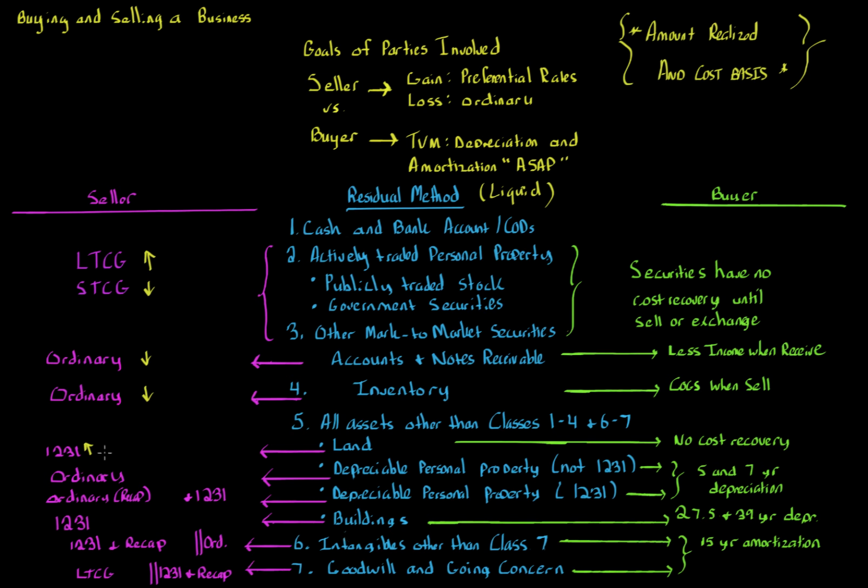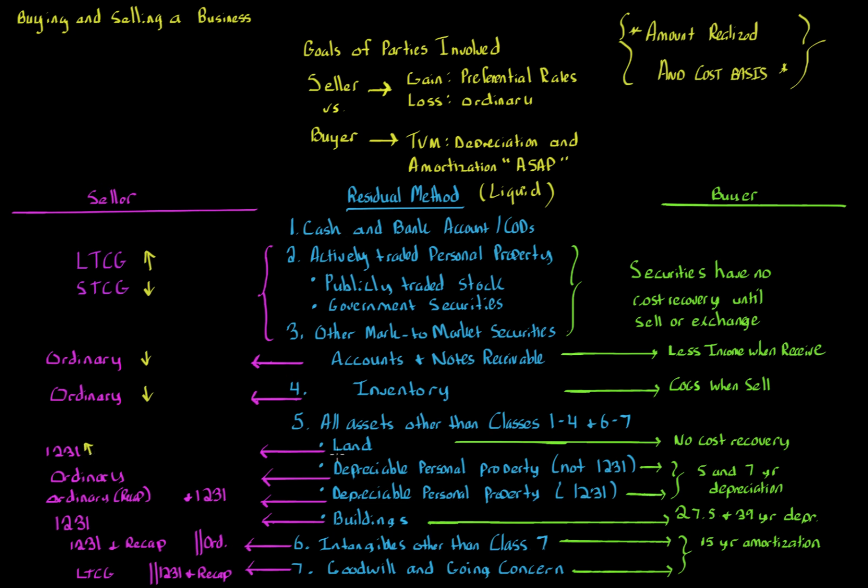So 1231 actually would be better than anything that's considered long-term capital gain, because if it's a loss item, which again, we're assuming for our discussion that everything will be a gain here, losses have a different analysis. We'll call that more discussion because there's obviously limitations on losses. But with respect to losses, it'd be ordinary for 1231 purposes if everything nets out to a negative.